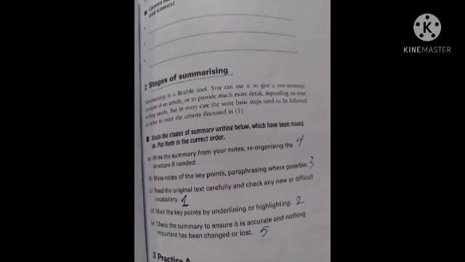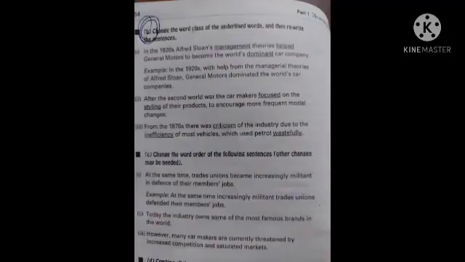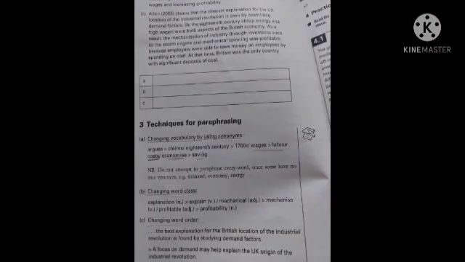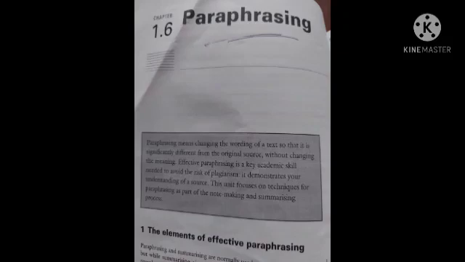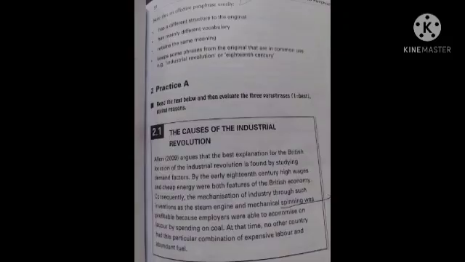We need to make sure that we don't change the meaning. We have to stick to the real or the original meaning of the text. So effective paraphrasing is a key academic skill needed to avoid the risk of plagiarism.